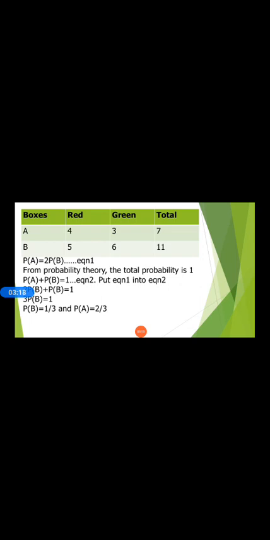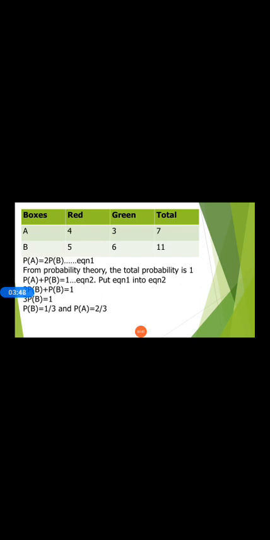Remember also, the question said the probability of picking box A is twice the probability of picking box B. That will lead us to equation 1. Now, from probability theory, the total probability is always 1. What does that mean?